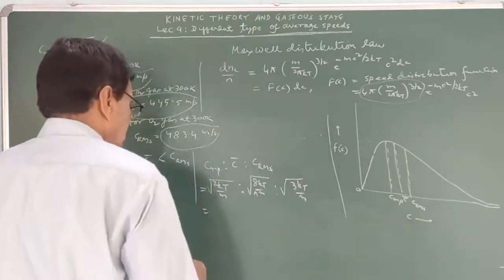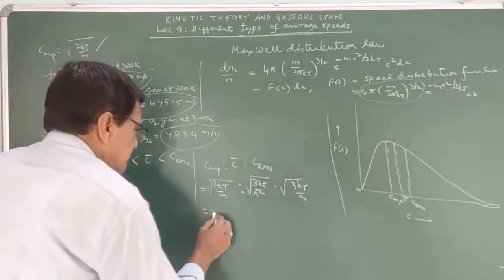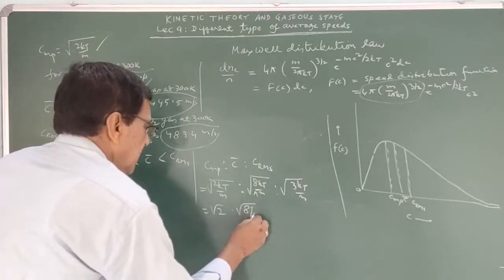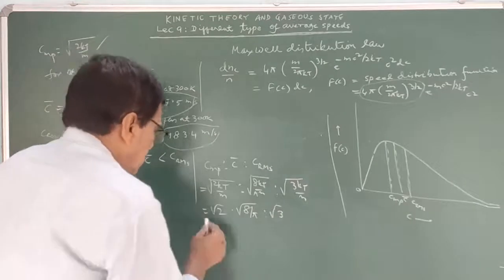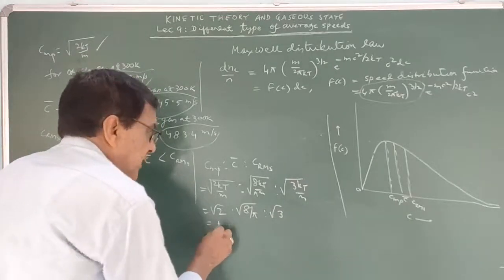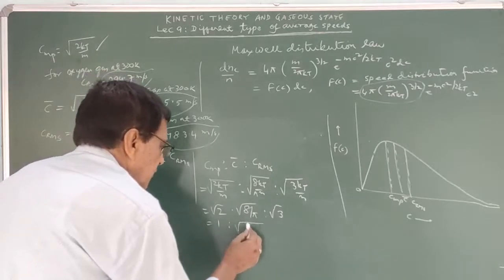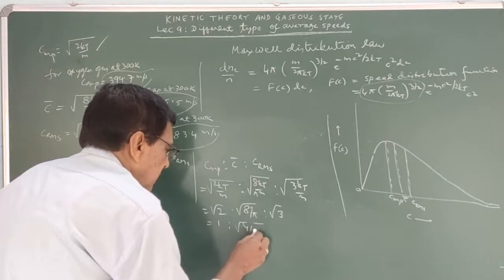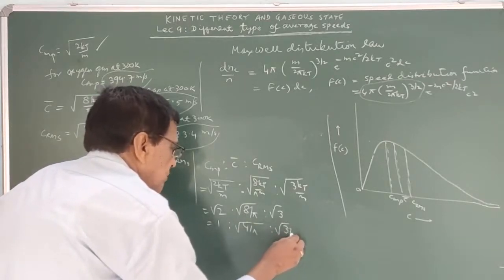So if you take this common kT by m, then it is root over of 2 is to root over of 8 by π and is to root over of 3. Or if it is taken as 1, then 1 is to root over of 4 by π and is to root over of 3 by 2.